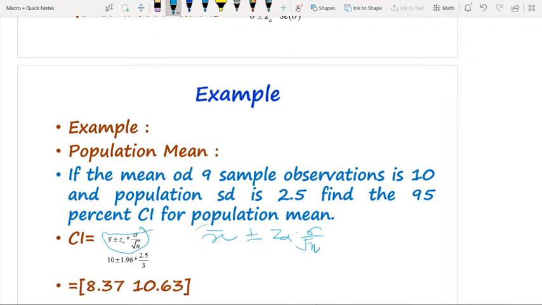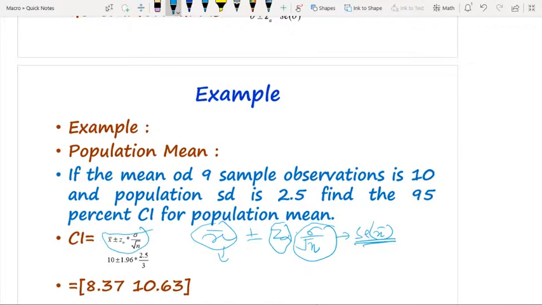In this formula, x bar shows the point estimator, z alpha shows the level of confidence, and sigma over root n is the standard error of x bar, which represents the uncertainty underlying the distribution of x bar.